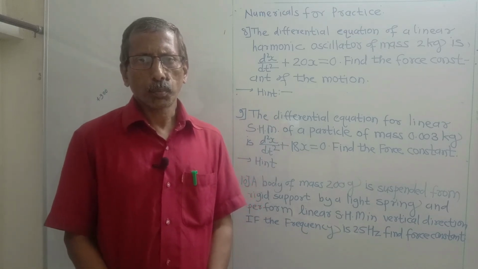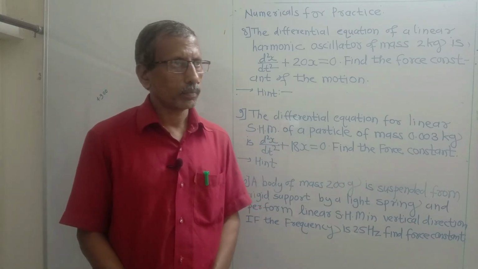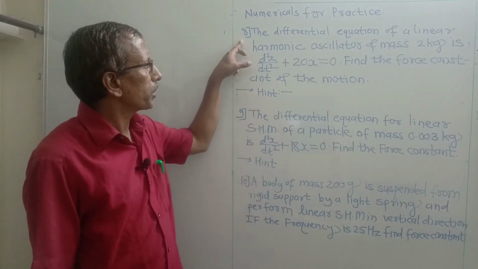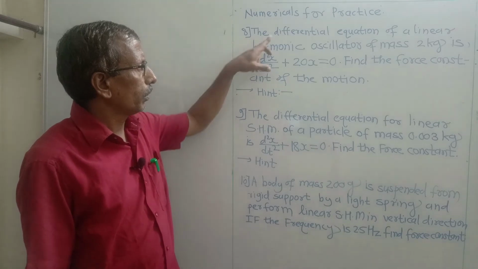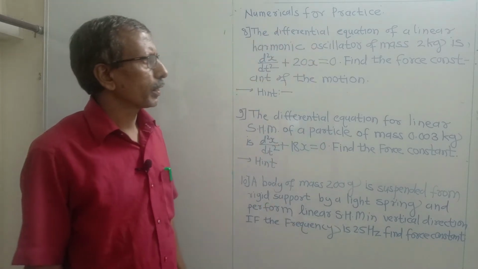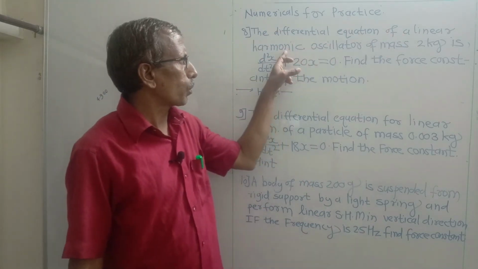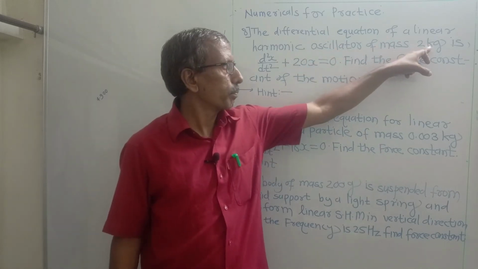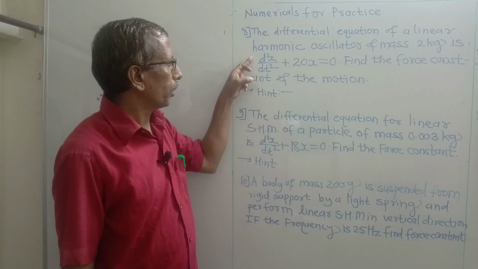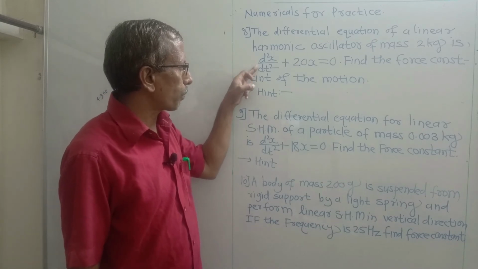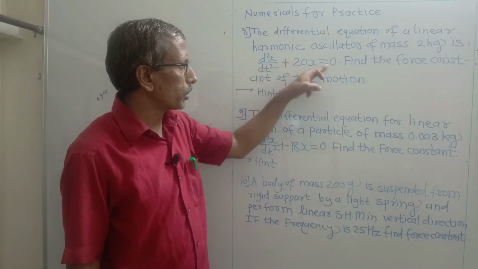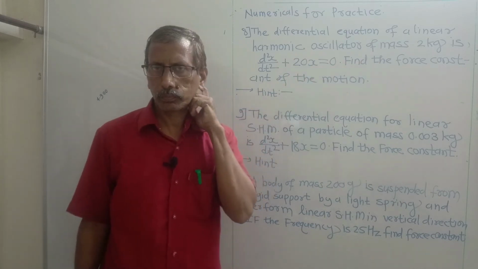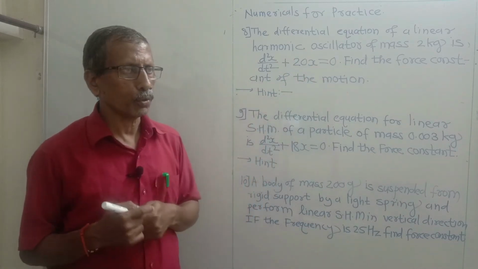Now students, problems for practice are given. The first problem, that is problem number 8. The differential equation of a linear harmonic oscillator of mass 2 kg is d2x by dt square plus 20x is equal to 0. Find the force constant of the motion. So a small hint for you.